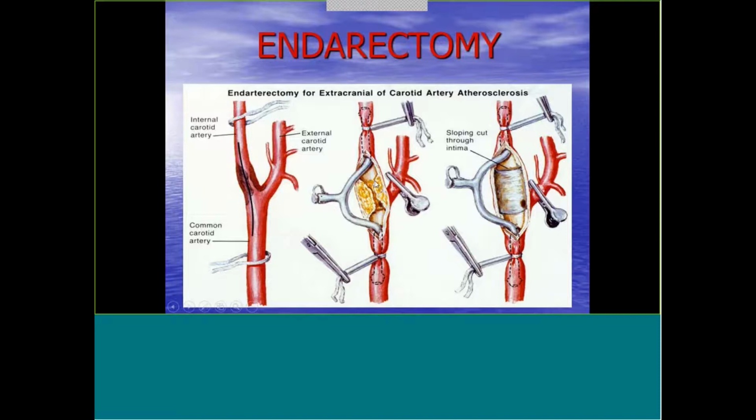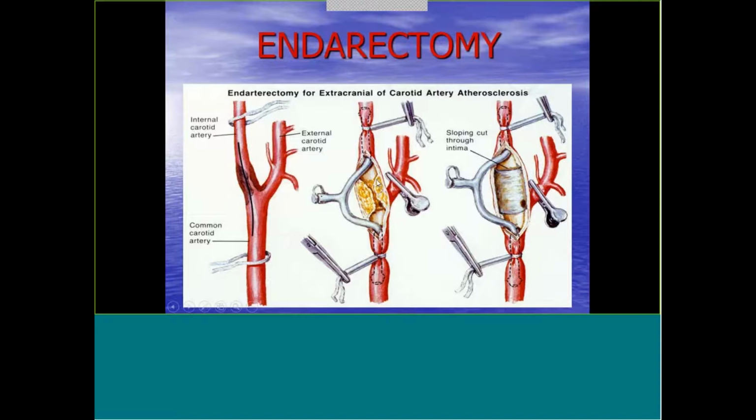So it's in the proximal or the distal common and the proximal internal carotid. So this whole area here where they're going to be operating is essentially bloodless. So they can go in and clean all this stuff out, and there's still flow going to the brain. So they scoop this out.